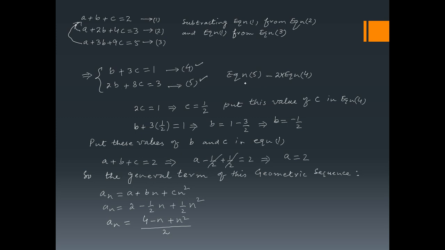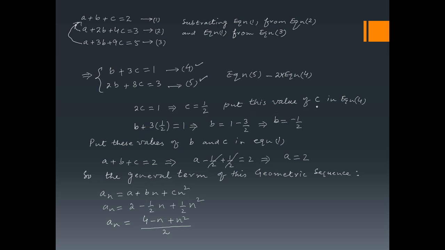First of all, we multiply equation number 4 with 2 and subtract it from equation number 5. So we are getting 2c is equal to 1. This means c is equal to 1 by 2.